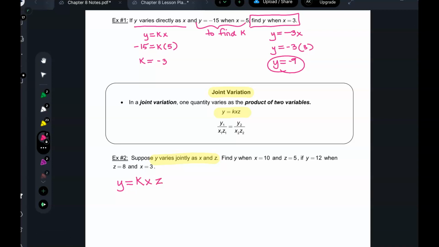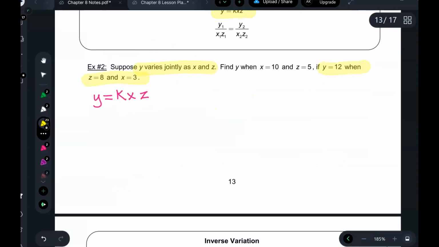So it says find y when x equals 10 and z equals 5 if y equals 12 when x equals 3 and z equals 8. So we're going to use the second part of the information because this is what we weren't trying to find. Does that make sense?